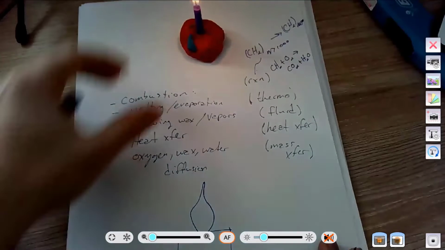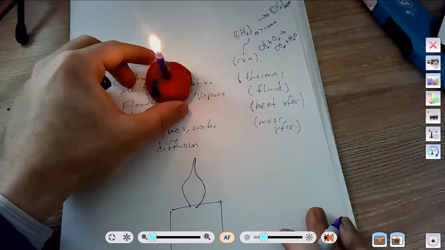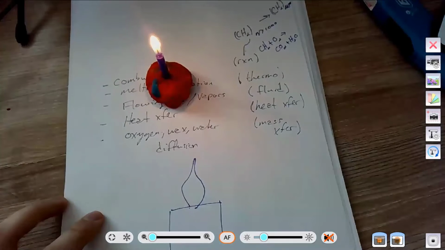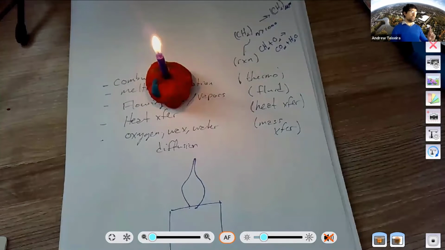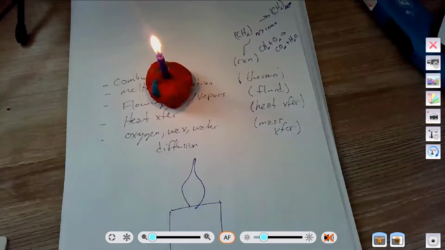Yeah. Could this be expressed through a transient system? Oh yeah, like a differential. Sort of. If I asked you where is the transient, what is changing with time? Is the size of the flame changing with time? Probably not. I'd say the height of the candle will be changing with time.